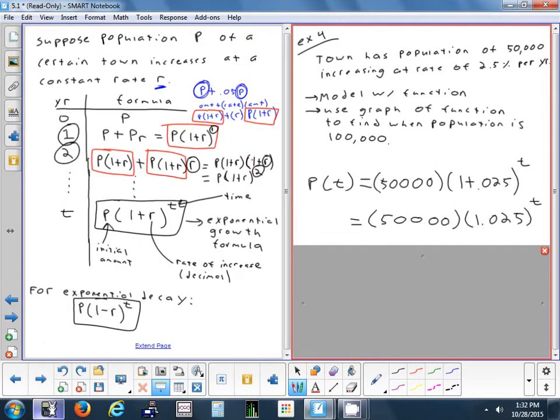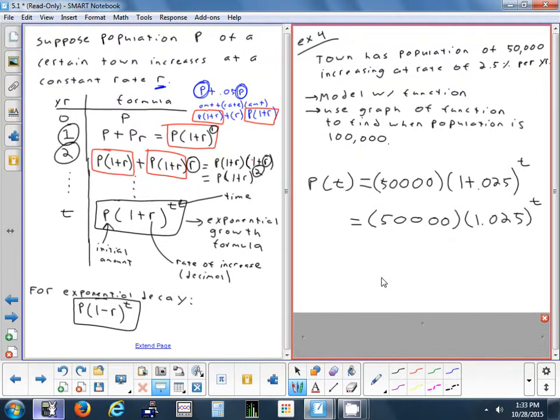All right. Now for the next part, the problem with trying to solve this by hand is we have a variable in the exponent. In this class, I haven't taught you how to deal with variables in the exponent yet. It's very easy. It's not hard. But it's not the way you can do it in Algebra 1. Okay? So we're going to hold off on doing it by hand.